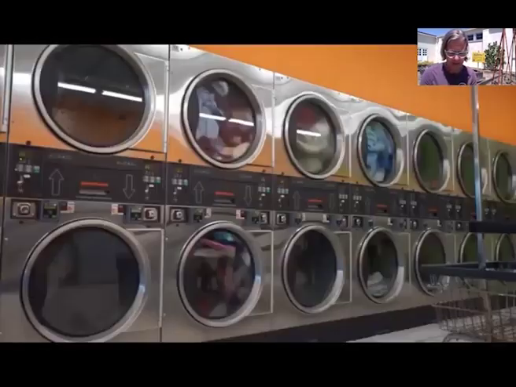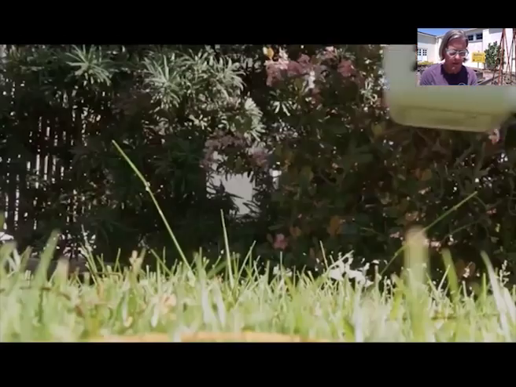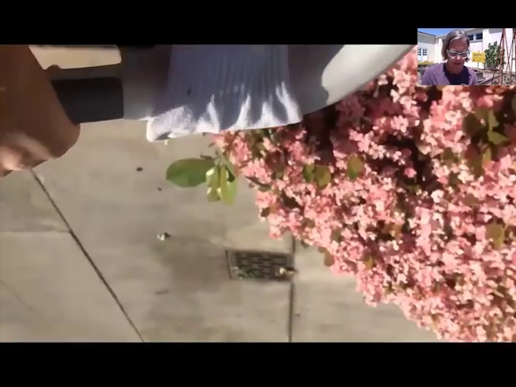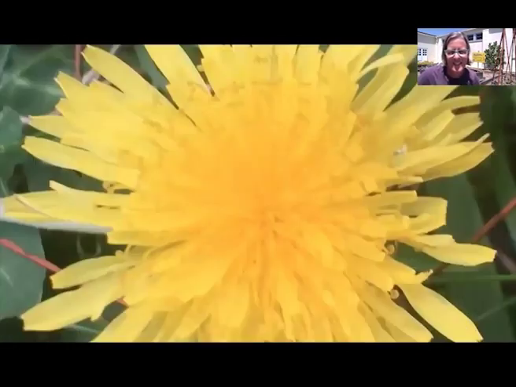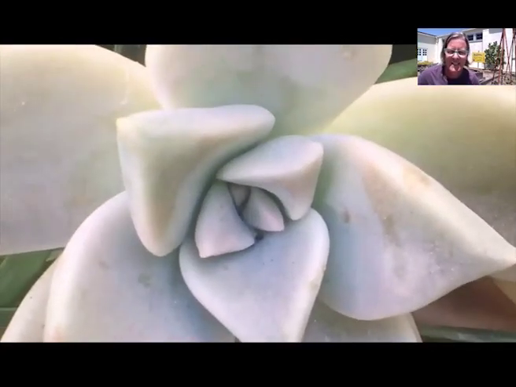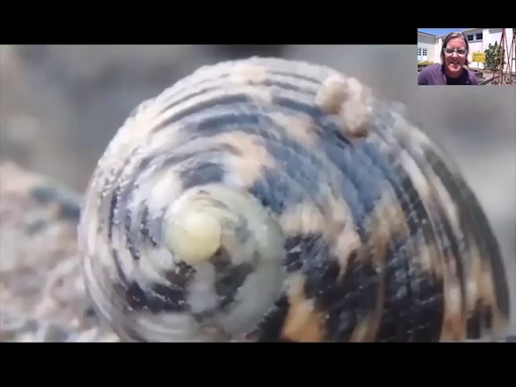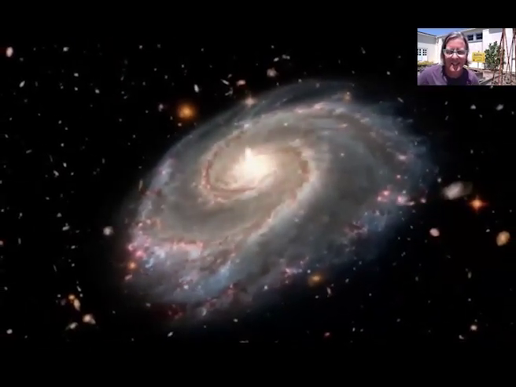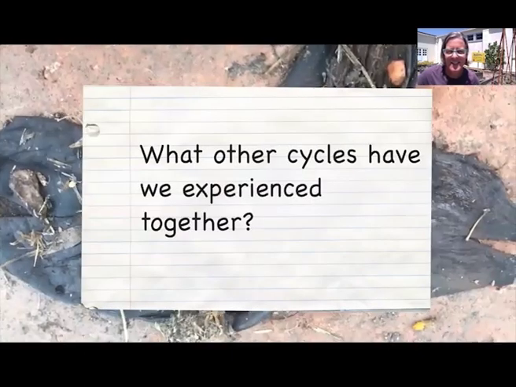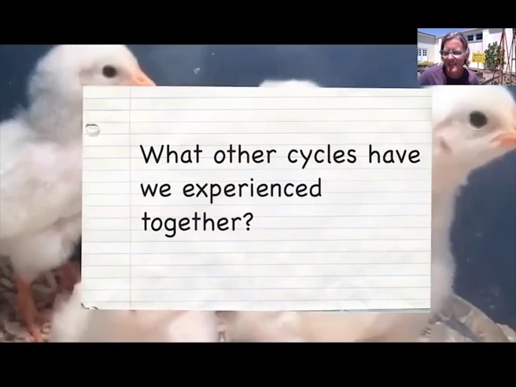Every day, we engage in cycles. Patterns are like clues from nature, showing us how things are organized and connected. What might these patterns be telling us? Now let's think back to other patterns or cycles that we've experienced together.